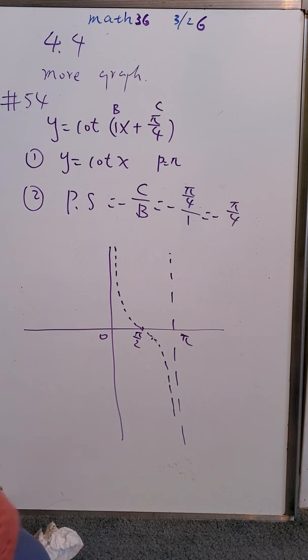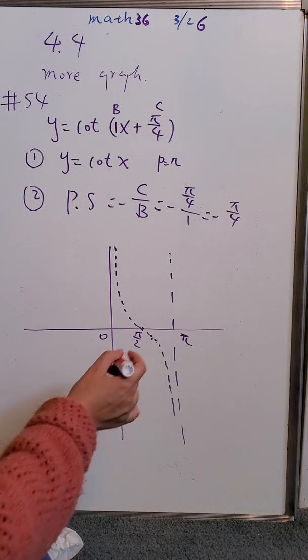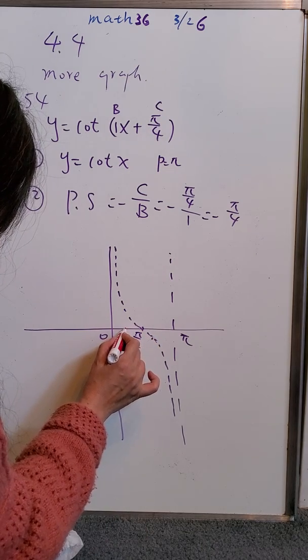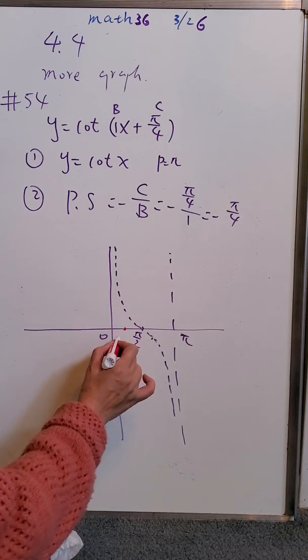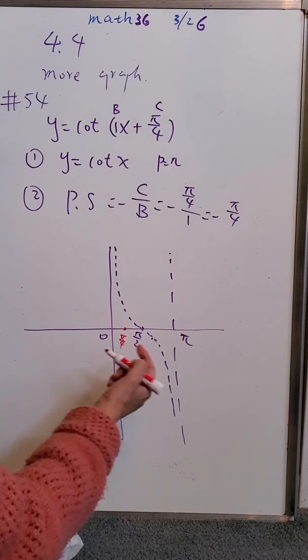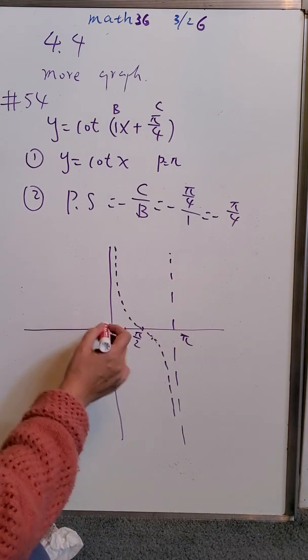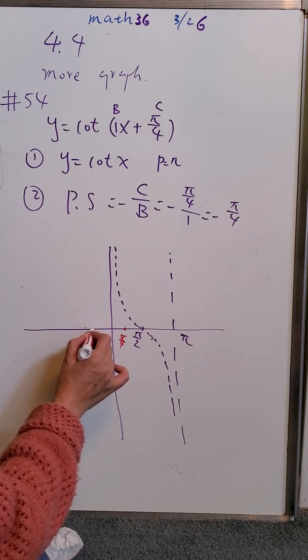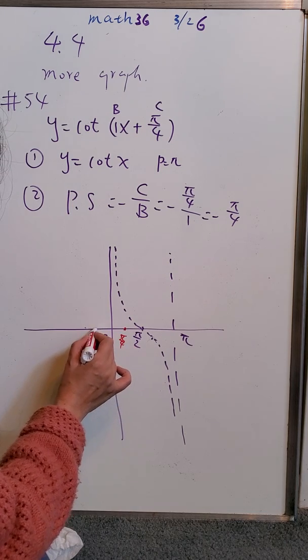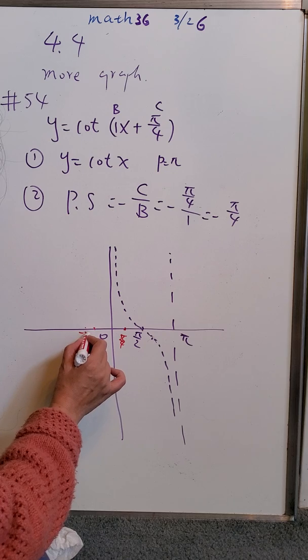So you're going to go here. Now half times the pi over 2 here, so that means this is pi over 4. So everything goes by pi over 4. This asymptote, this is pi over 4, this is negative pi over 4.